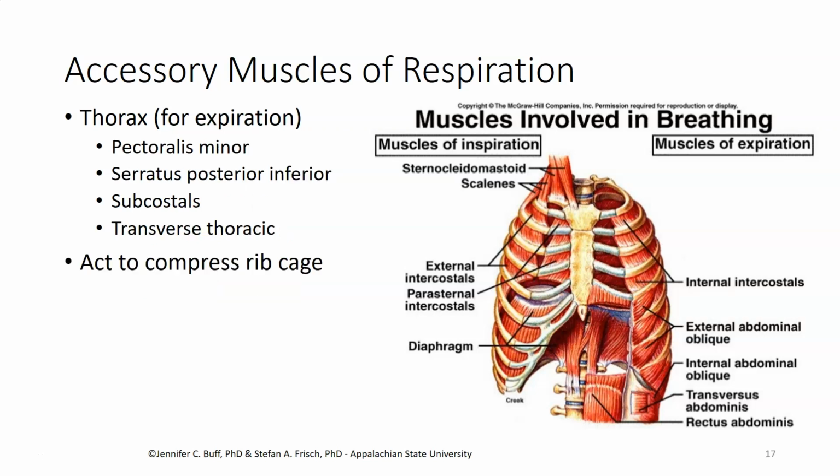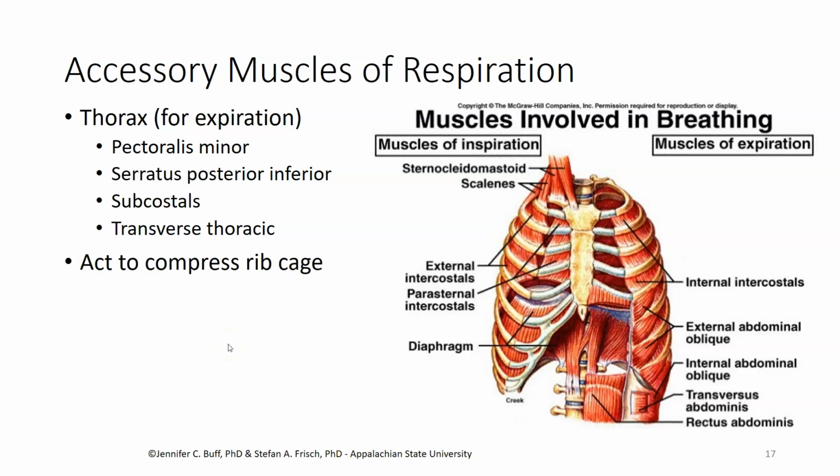On the expiratory side, we have thoracic muscles that are a little bit lower down in the rib cage. The pectoralis minor, which is a smaller muscle underneath the pectoralis major that connects to a little bit lower part of the shoulder and the armpit area. The serratus posterior inferior, which connects from the lower vertebrae up into the lower ribs.